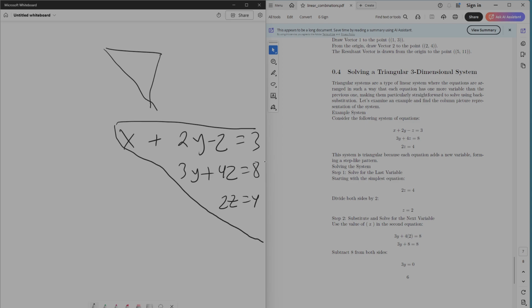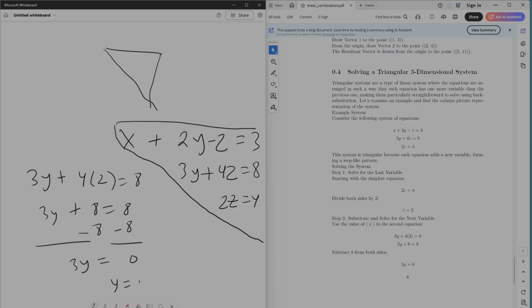So we have 3y plus 4 times 2 equals 8, then 3y plus 8 equals 8. Then subtract 8 from both sides, and we have 3y equals 0, and that says that y equals 0.